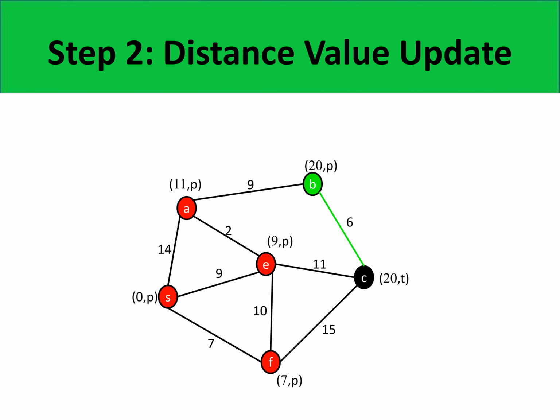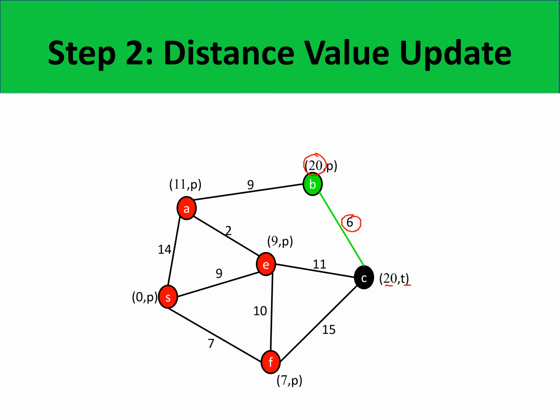We are going to update all the temporary labeled vertices that are adjacent to B, but in this case, it's only C that is labeled temporary that is adjacent to the vertex B. So let's try to update its distance value. So to update, we add 20 and 6 and compare it to 20. But 20 plus 6 is 26, which is higher than 20.